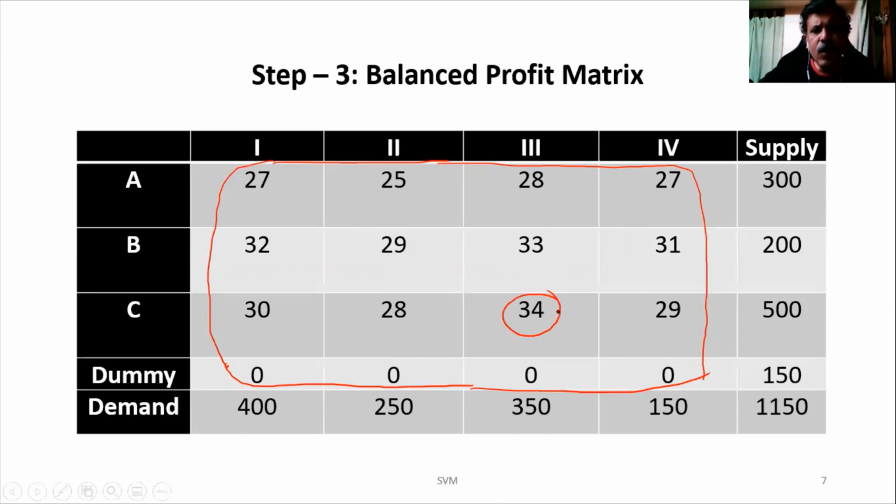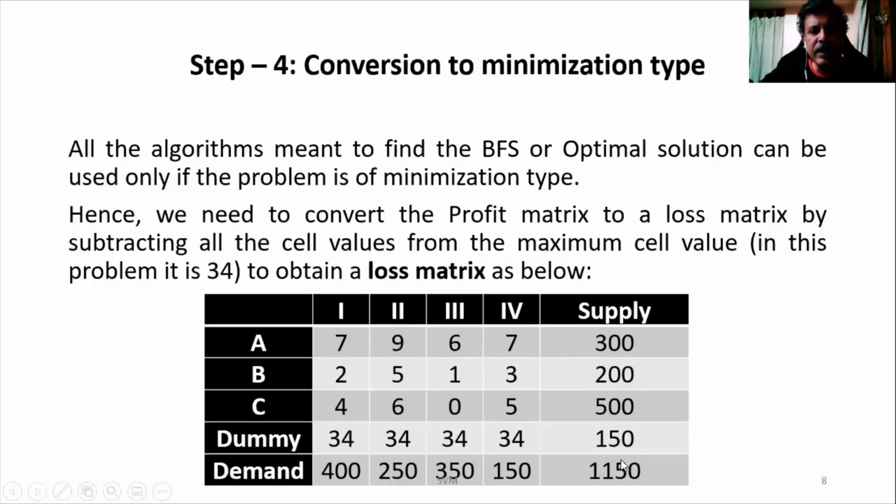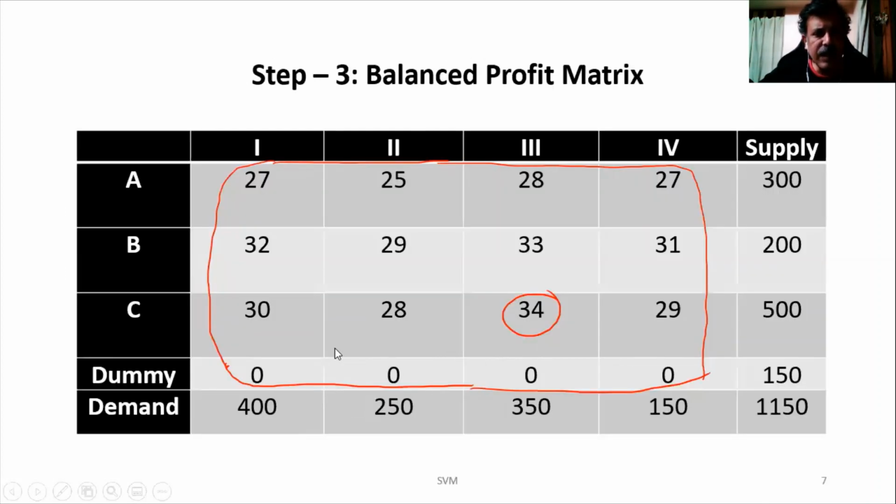That means if I have to convert this profit matrix to a loss matrix, I should subtract all these elements, that is 27, 25, 28, 27, from 34 to get the loss matrix. For example, how did we get this 7? It is nothing but 34 minus 27.